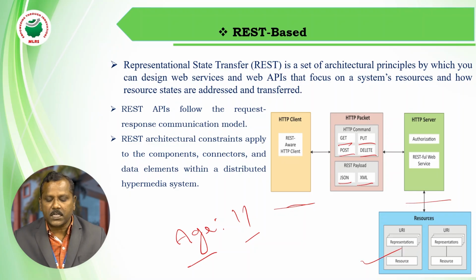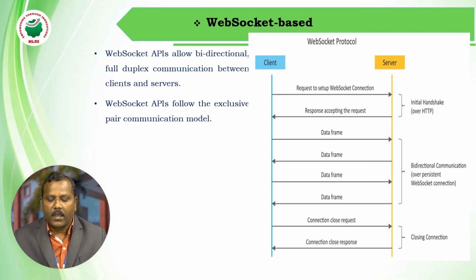The next communication API is WebSocket based. WebSocket API follows the exclusive pair communication model. That means bidirectional, full duplex, two-way communication. Once the client sends a request to the server and the server responds to the client, the connection is established.